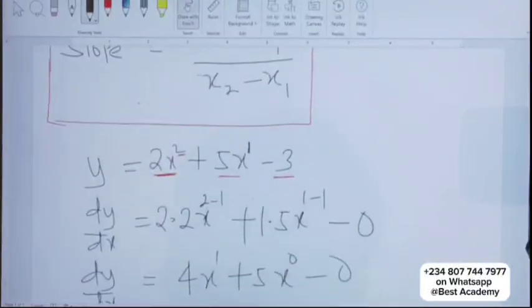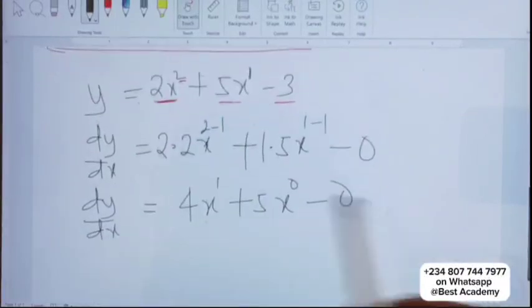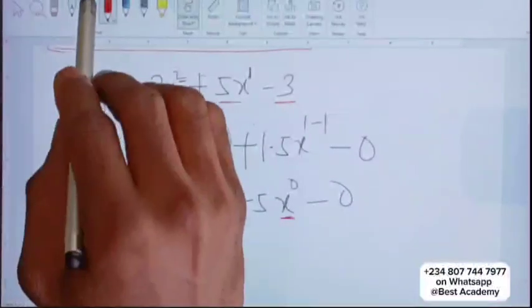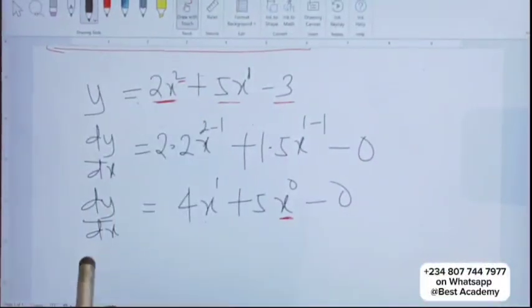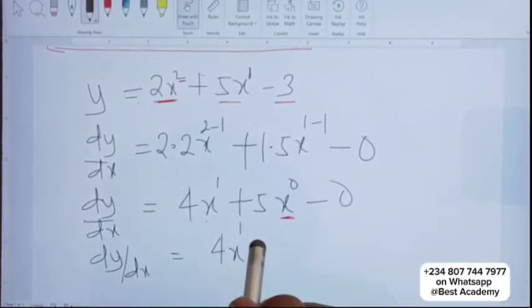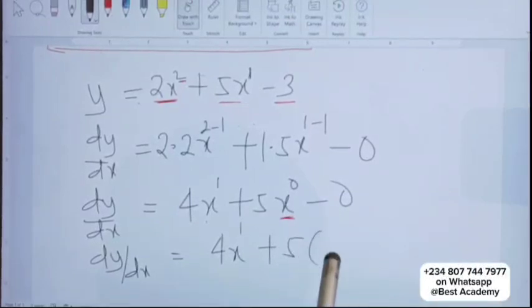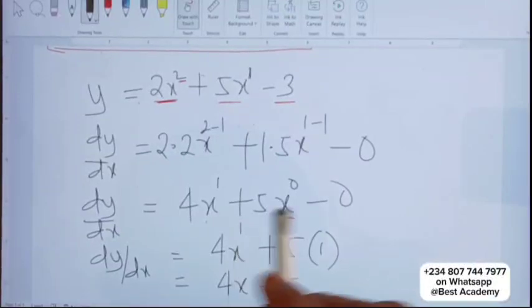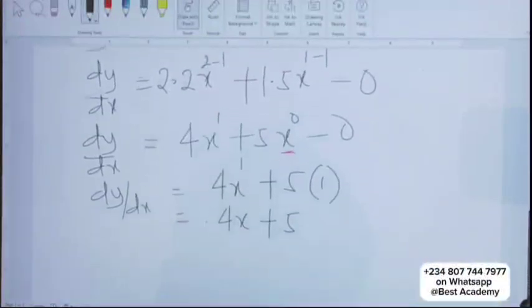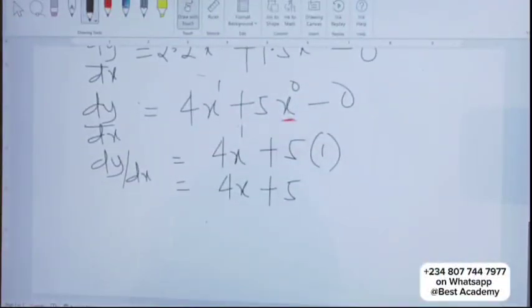That means the whole of this gives us 1. So our answer is dy over dx equals 4s raised to the power of 1 plus 5 into 1, which is equal to 4s plus 5. So our dy dx is 4s plus 5.